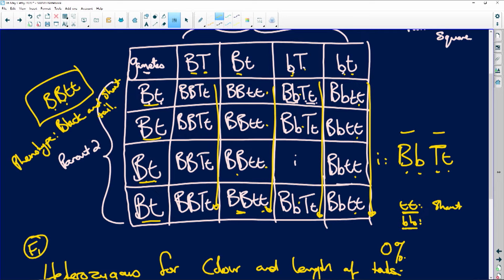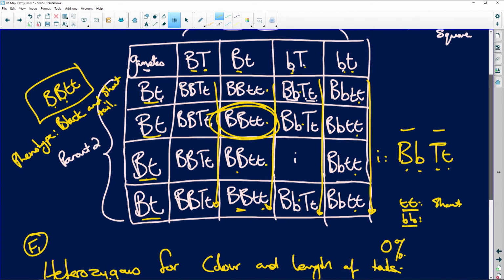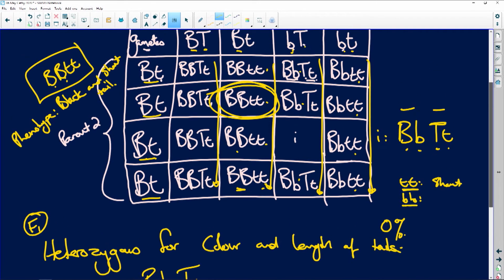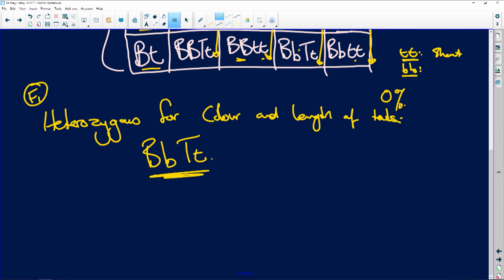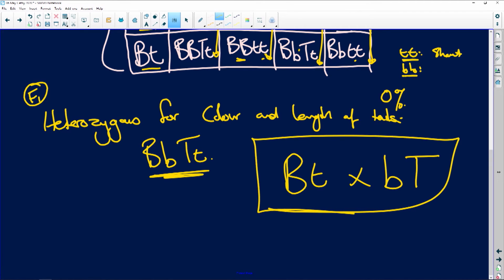It's going to be capital T, small t. Why? Because that's one parent, and then the other parent has to have a capital T. So you can do that one. Okay. And we would look at a cross that was BT times small b, capital T. That is what we would want. All right, there you go.